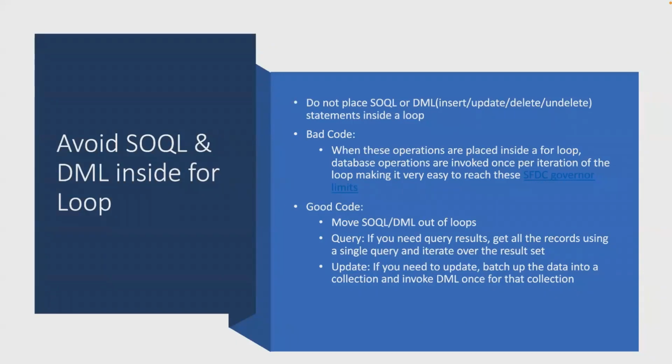Whenever we are querying any sObject, we should query outside the loop rather than querying in the loop. And for updates, we should do them after collecting all the data in a collection in the for loop. We should update, insert, or do any DML operation outside of the loop.